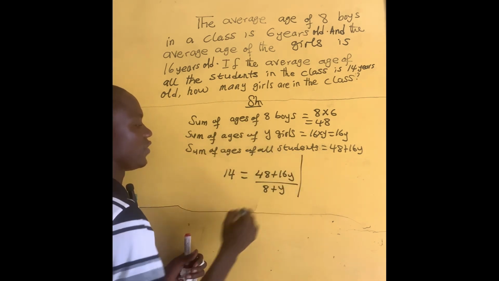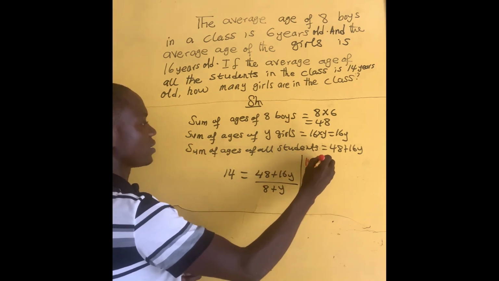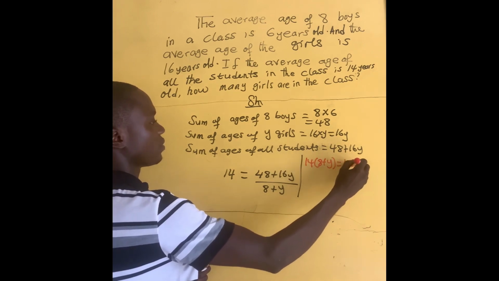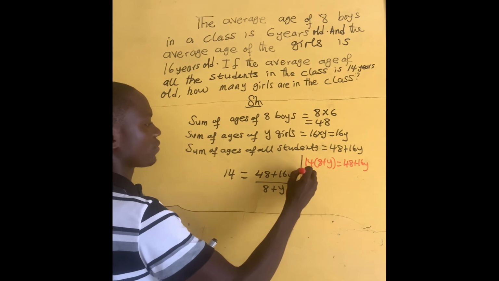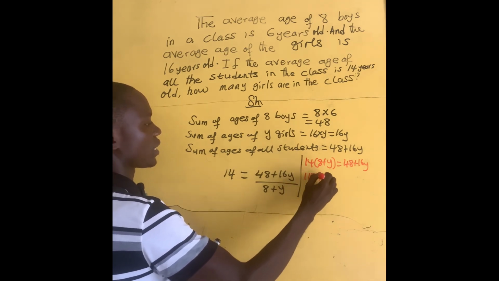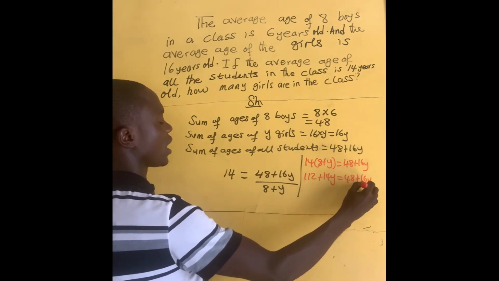So here, this is going to give us 14 times 8 plus y equals 48 plus 16y. This is 112 plus 14y equals 48 plus 16y.